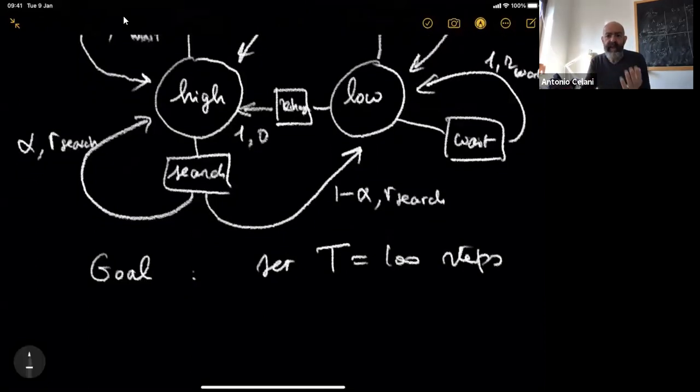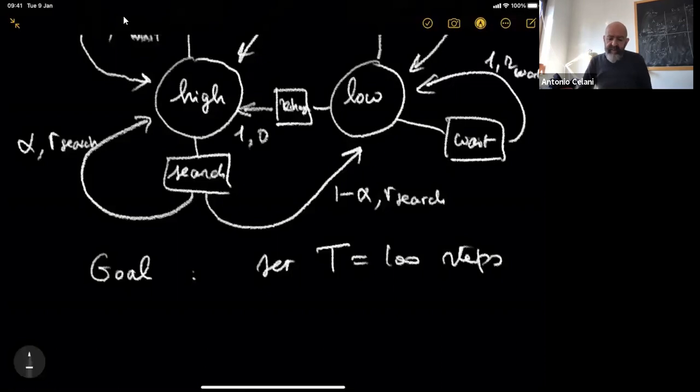So what are the probability distributions over actions that maximize the sum of the rewards obtained overall, which means the average number of bottles that you can collect minus the costs that you have incurred when the robot was carried over to the charging station by some external operator. Okay, hope this is crystal clear.